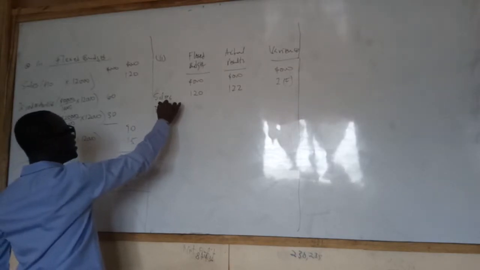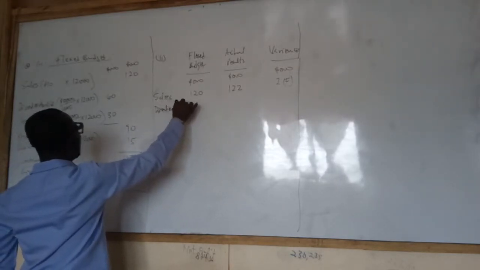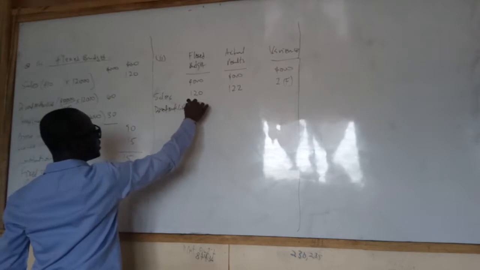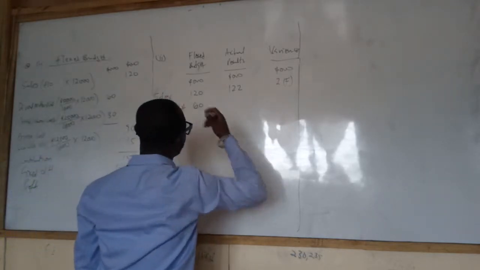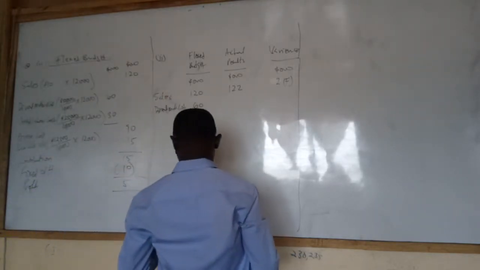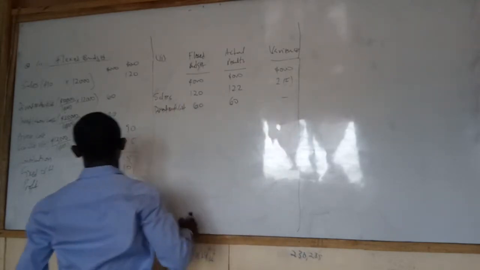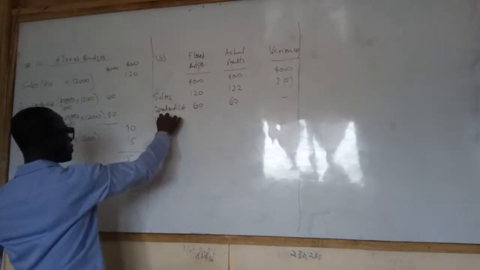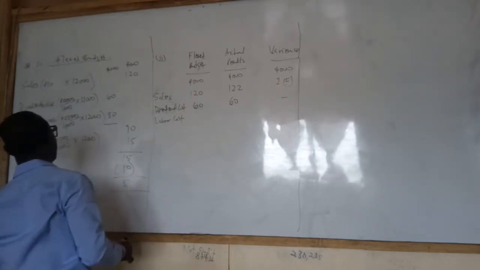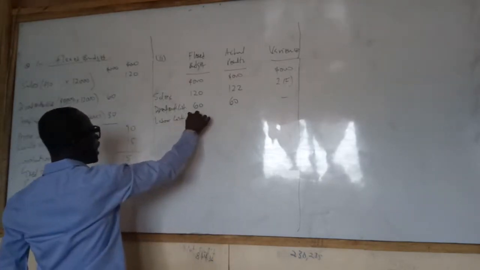Direct material cost. What do we have? Flex 60. What's the actual cost for material cost? Also 60. So there is no variance there. We go. Labor cost. What we got? 30 for the flex.